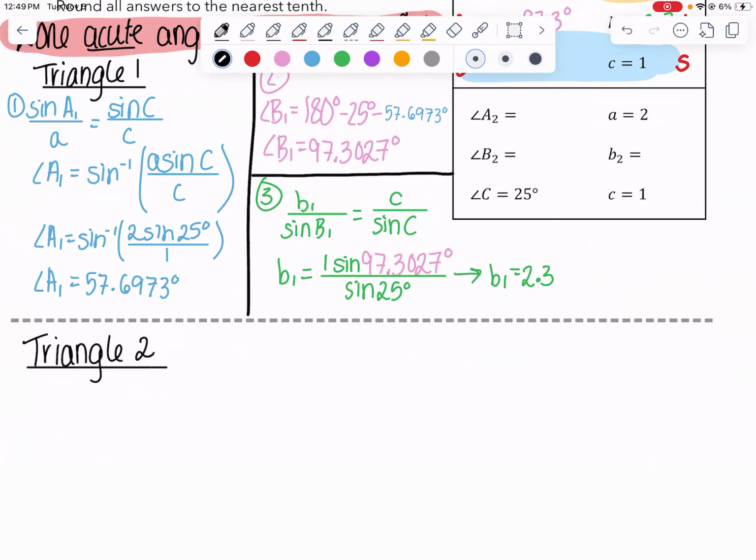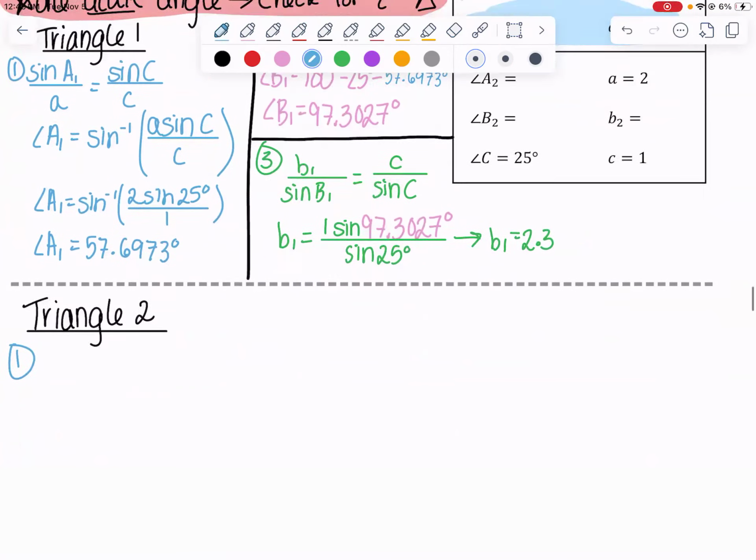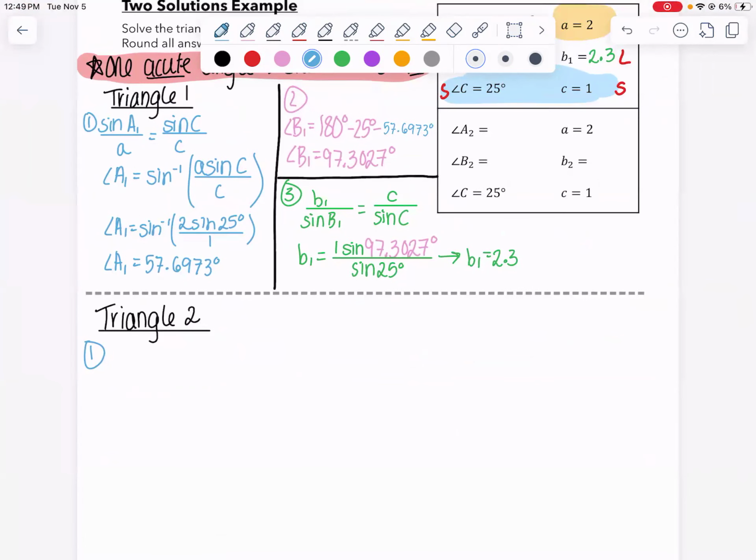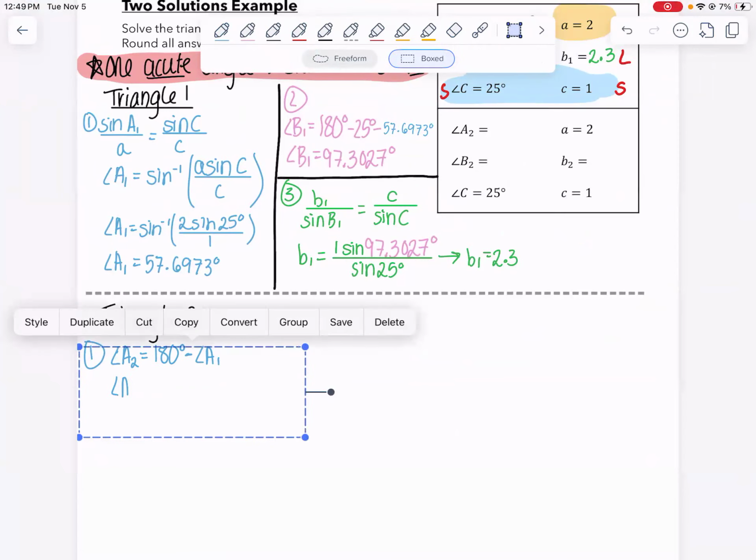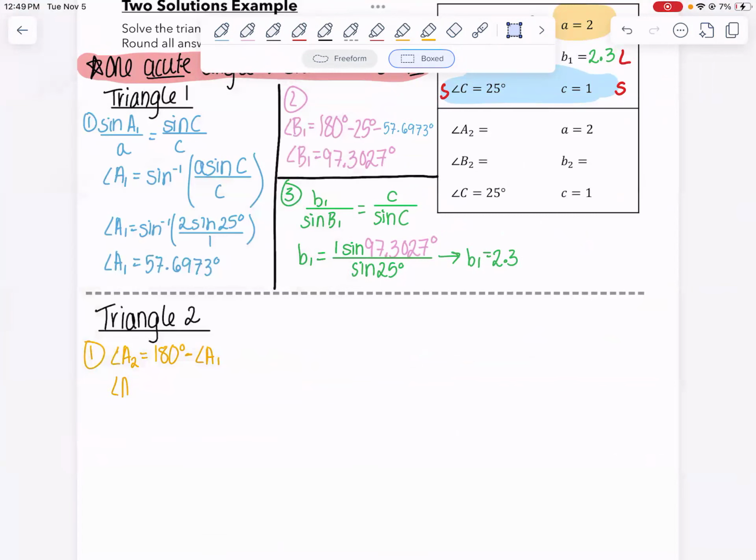Before, when we did this, we were able to get the first angle, but the second angle became a problem. Here, we're going to have a different situation. So the first thing, to find possible angle A2, it's always 180 degrees minus the original angle A1. So angle A2 is equal to 180 degrees minus 57.6973.